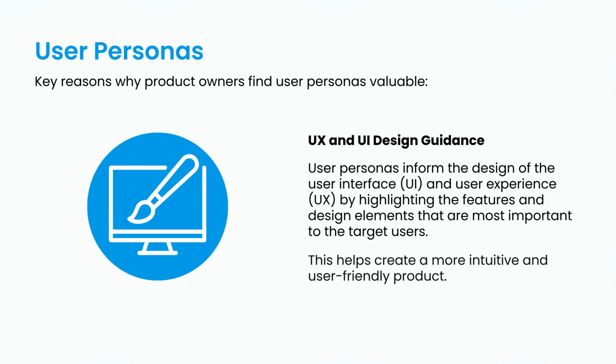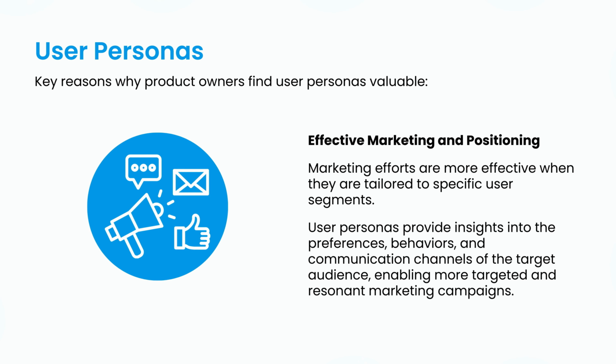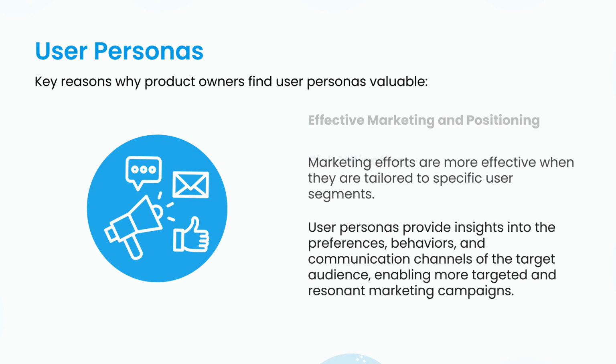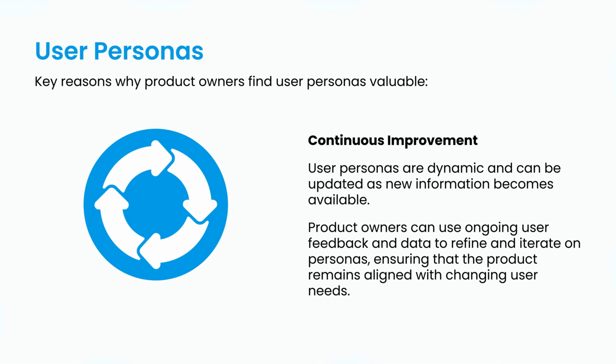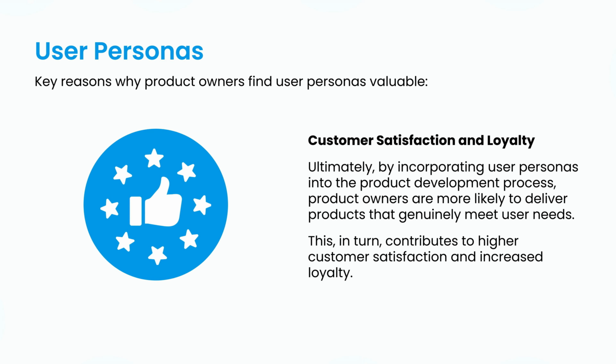You'll find user personas are used quite a lot when it comes to user interface and user experience development. User personas are also used a lot when it comes to marketing and positioning. Risk mitigation, continuous improvement, or as we say, inspection and adaptation. And finally, although this isn't an exhaustive list, customer satisfaction and loyalty.